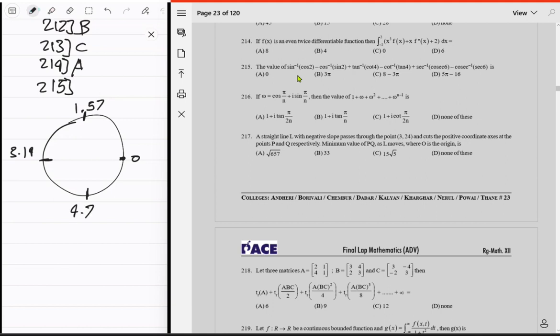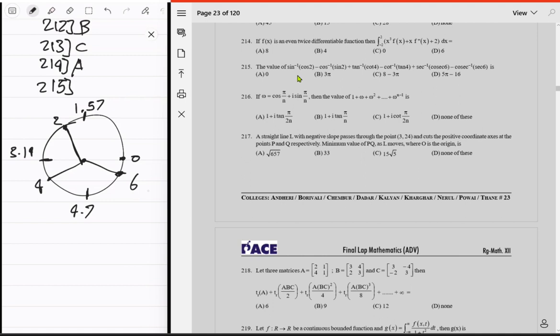So this is 4.7. Now let's see where 2 is: 2 is over here. We need 4, which will be somewhere over here, and we also need 6. 2 pi is 6 point something, so slightly over here. 6 will come here. Understood.